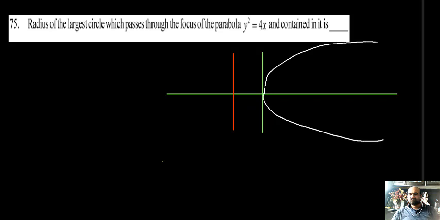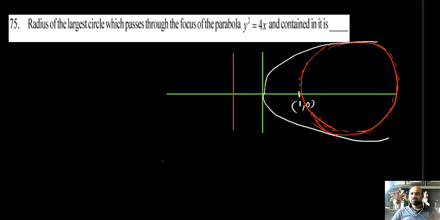This is the y-axis, this is the x-axis. The standard parabola is y square equal to 4x, so this is the parabola, and this is the focus of the parabola, that is 1 comma 0. Through this I want to draw a circle which contains the parabola and passes through 1 comma 0. The red one is the required circle, passing through 1 comma 0 and containing the parabola.